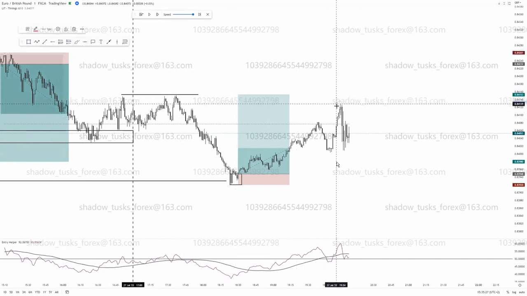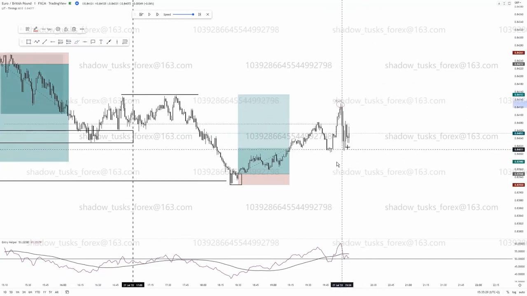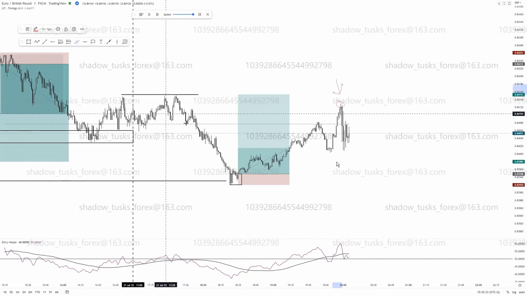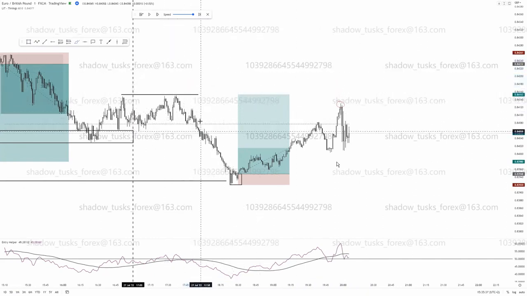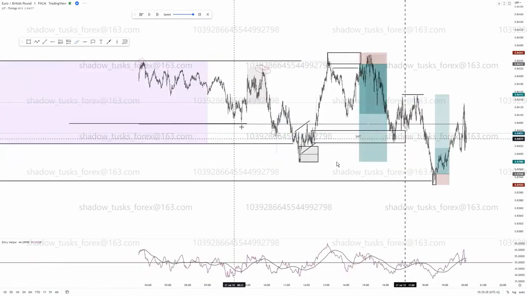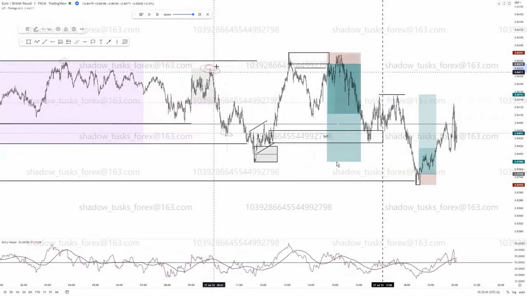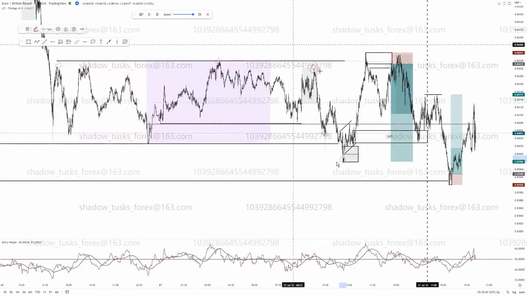What is this? Likely a false reaction. So you should not get scared by things like this. It should actually confirm, okay, we're coming here. You see, it's exactly the same stuff over the last few days. False reaction, induce low. So obviously this is a false reaction from the high.